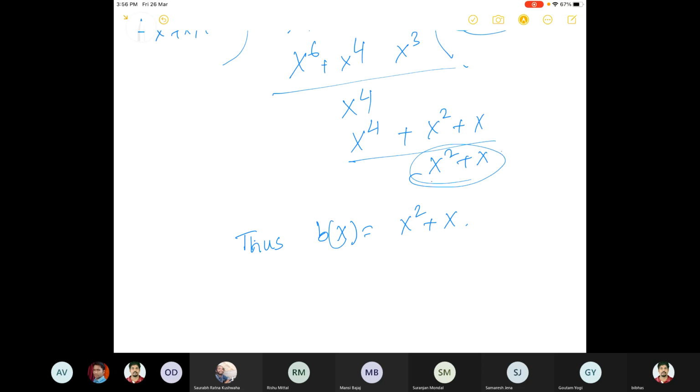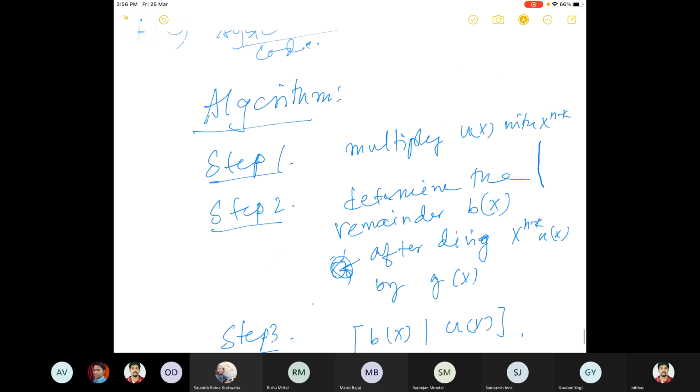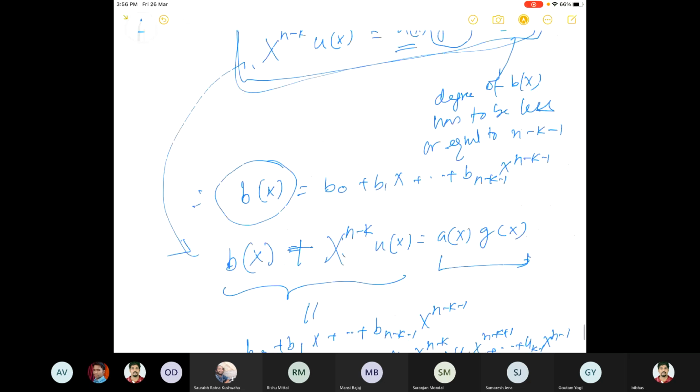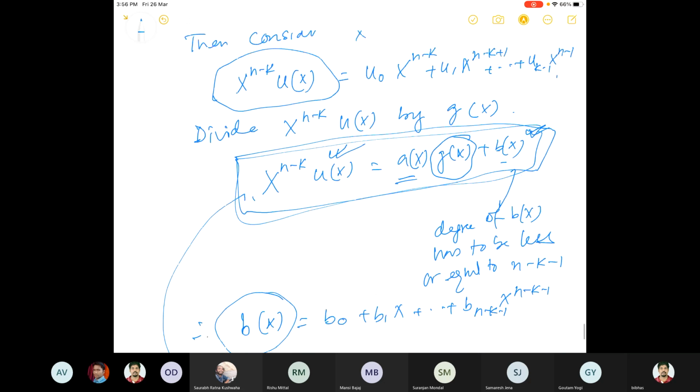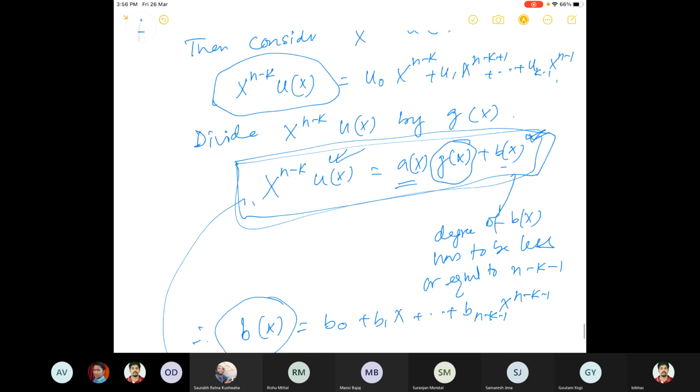Then what is the corresponding code polynomial corresponding to the ux? What do you get? Vx is from this formula. How do you get it?